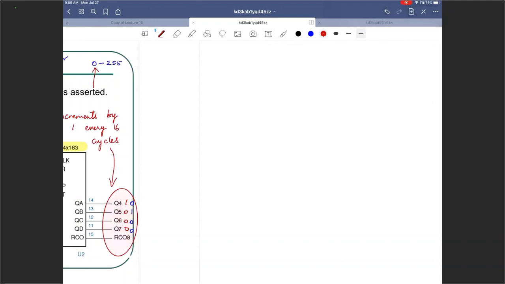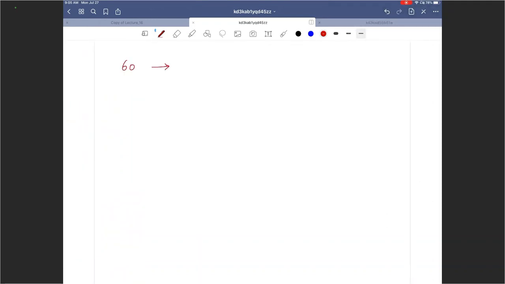So 60 is, help me out here. 60 is, let's see. I need 32 here. What else do I need? I need 16. I have reached 48 and I need 12 more. So I need 8 and 4, right?